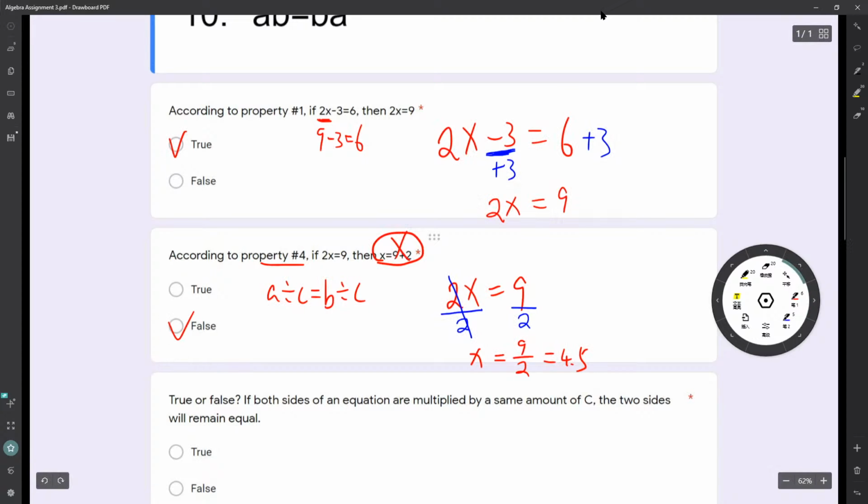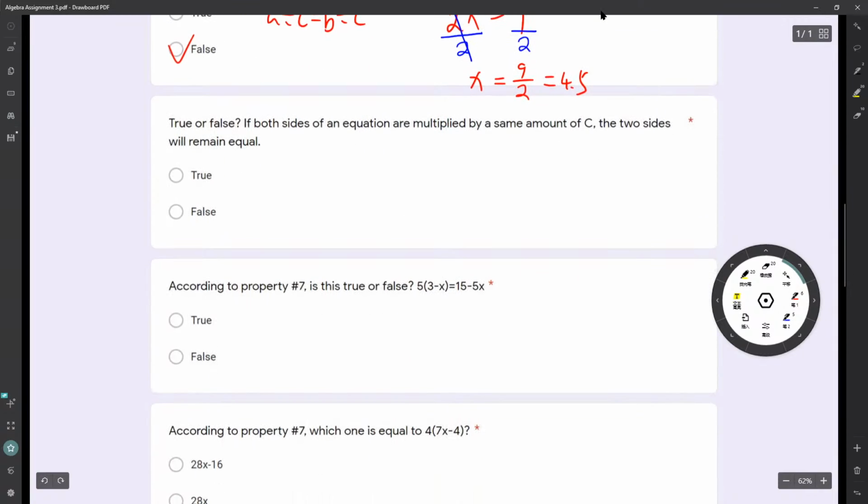And next, if both sides of an equation are multiplied by a same amount of c, the two sides will remain equal. Let's interpret this. Say we have the original equation a equals b, and they are multiplied by a same amount of c. So a times c and b times c. The two sides will remain equal. Yes, it is.